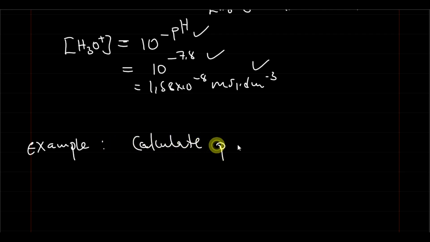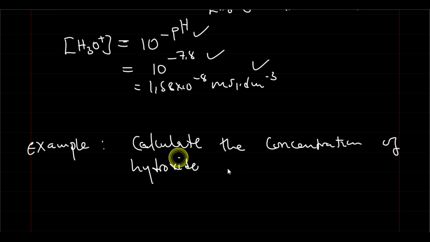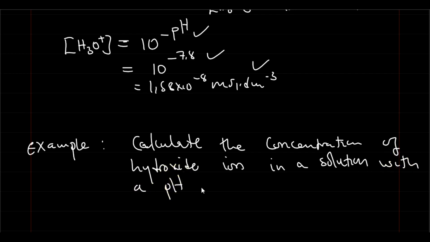Calculate the concentration of hydroxide ion in a solution with a pOH of 3.5. Okay, so what did they give you?